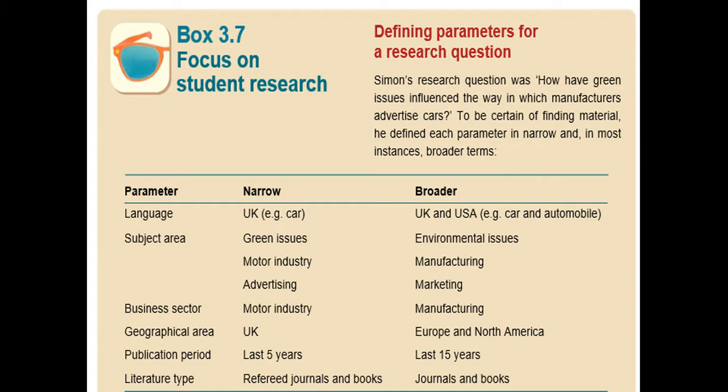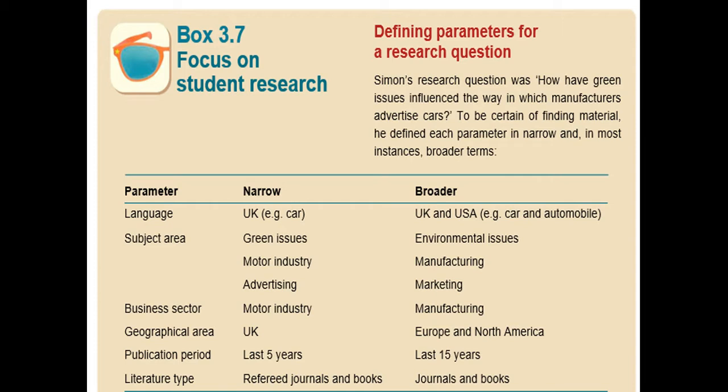So what he has done, you can see that one column is parameter, narrow and broader. What he is doing is trying to search at a narrow level. He is just confining himself to a country. On the other hand, he is taking two countries.